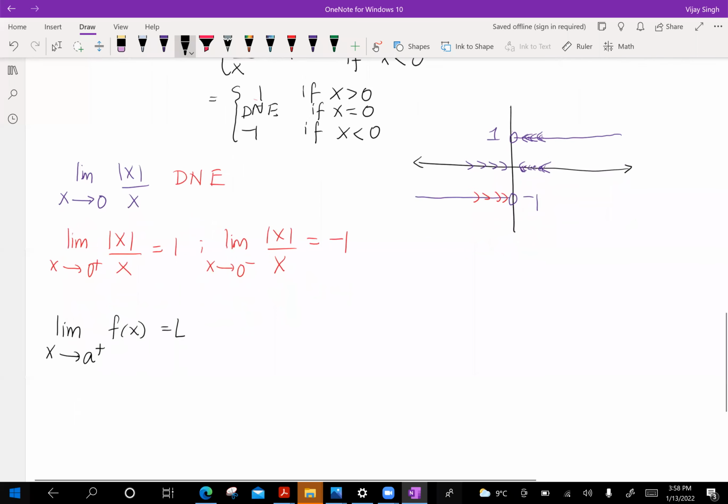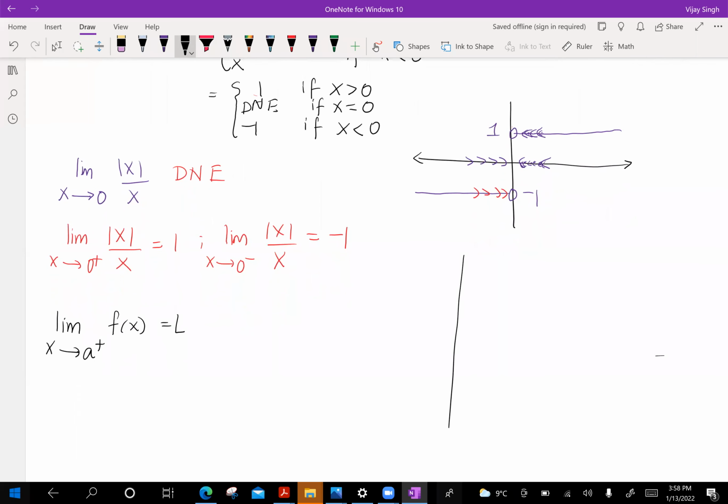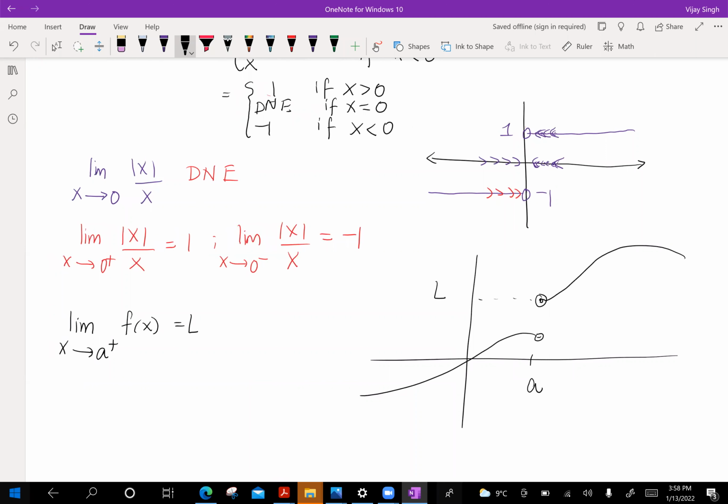Let me draw the left hand and the right hand limit for you. Suppose we have a function again, at a, we are interested to talk about a. You have a function like this. Suppose this is L, this point is M. In this case, we have the limit as x goes to a plus.